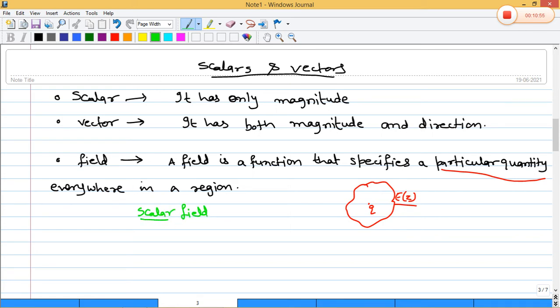In a scalar field there is only magnitude, and in a vector field both magnitude and direction.